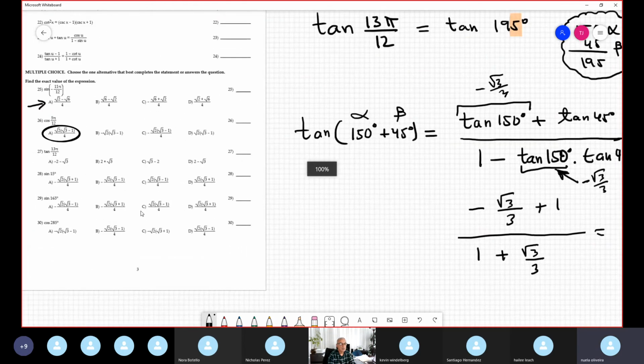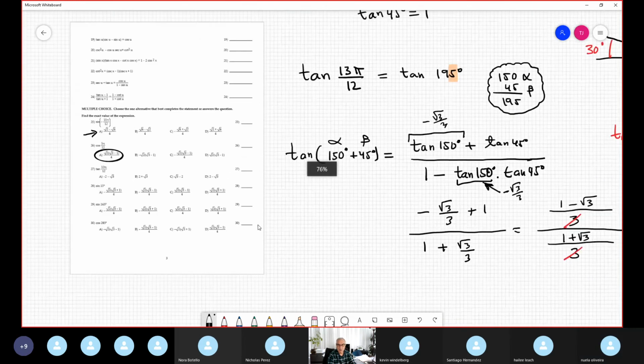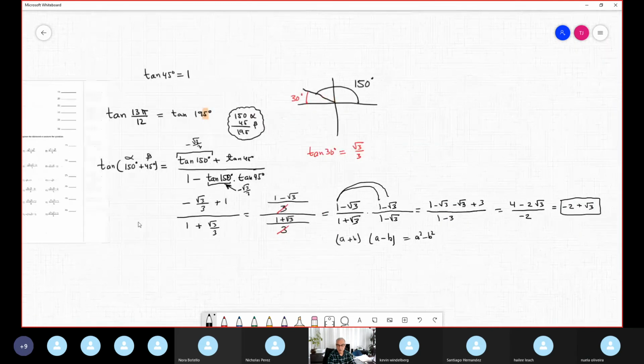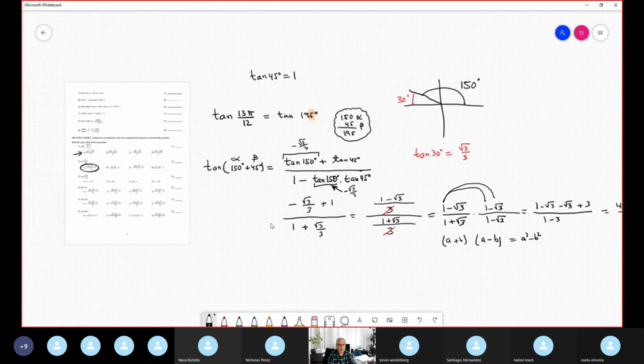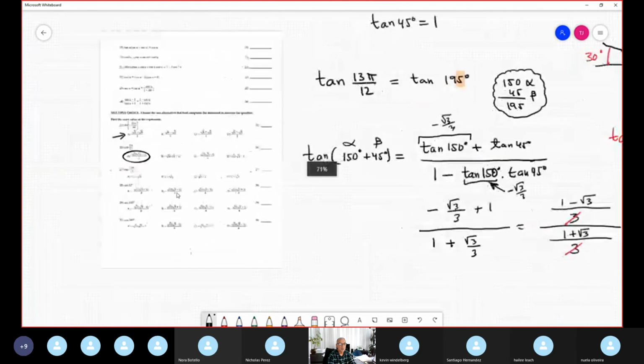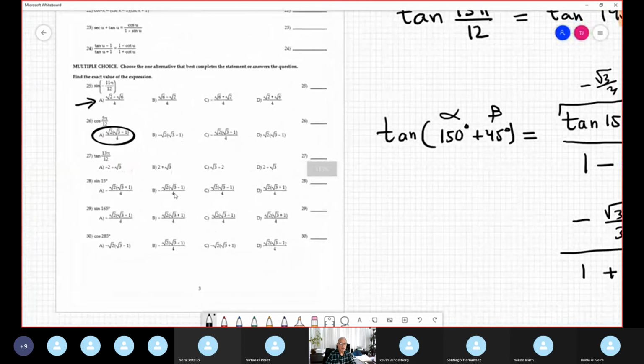Professor, sorry, if we have this exercise on the test, can we leave it like that? Yeah. Remember, our test is no multiple choice. Then, let me check it. The answer is minus 2 plus radical 3, que is equivalent to the option, no? Yeah, it's C. Noela, there are no differences, only the cosmetic part.